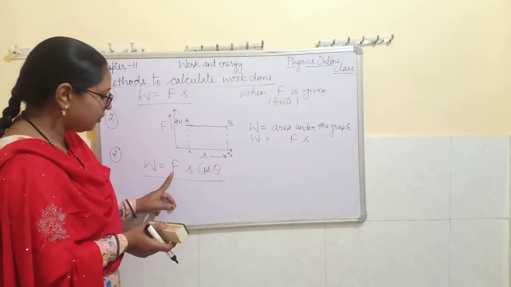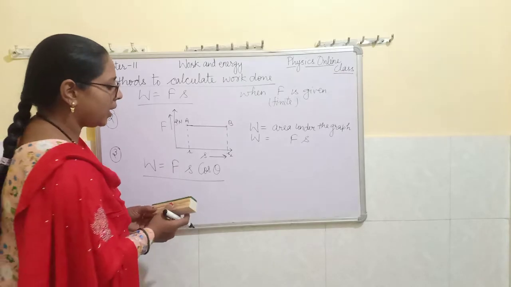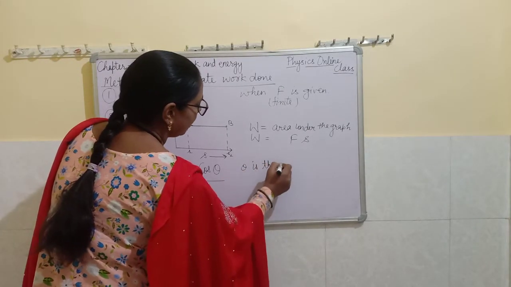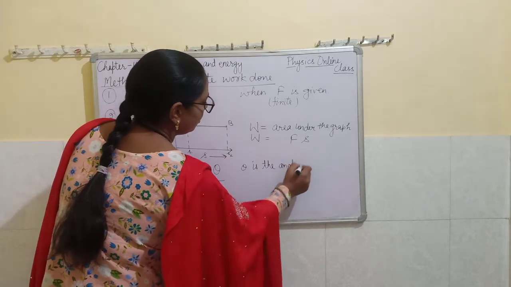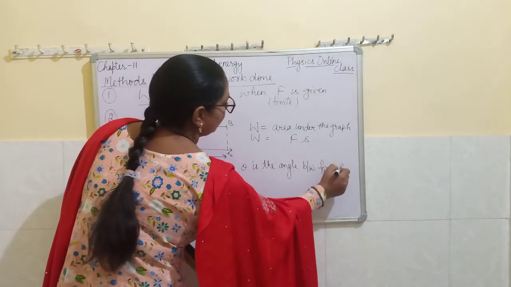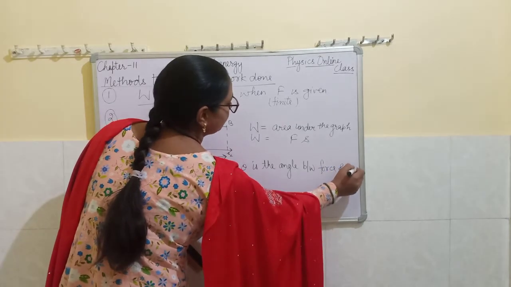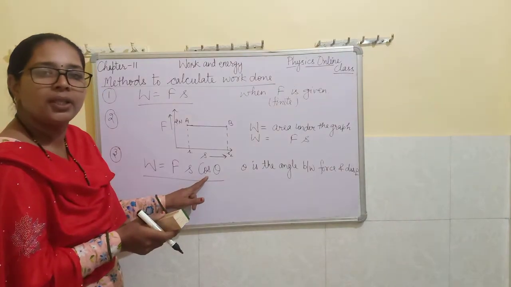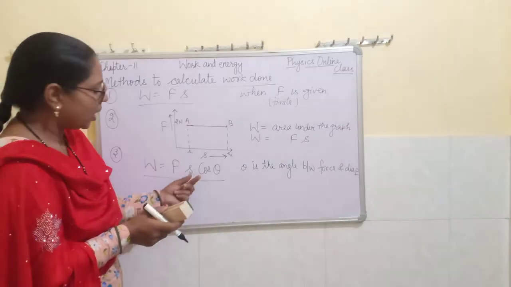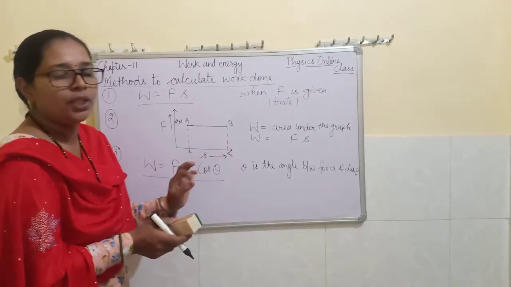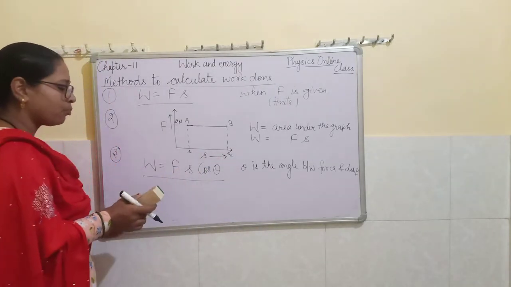Theta is the angle between the direction of force and displacement. And this cos is a trigonometric function, and the value of cos theta will be provided to you.